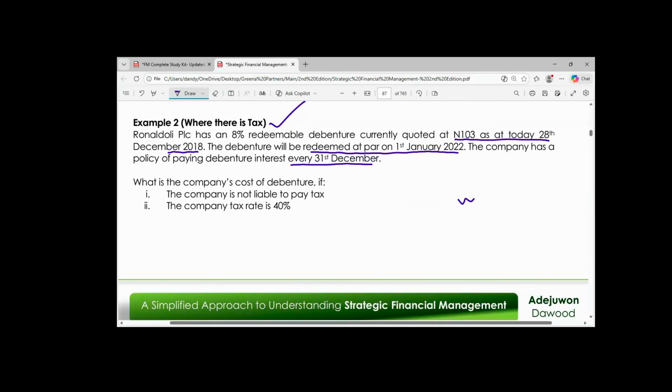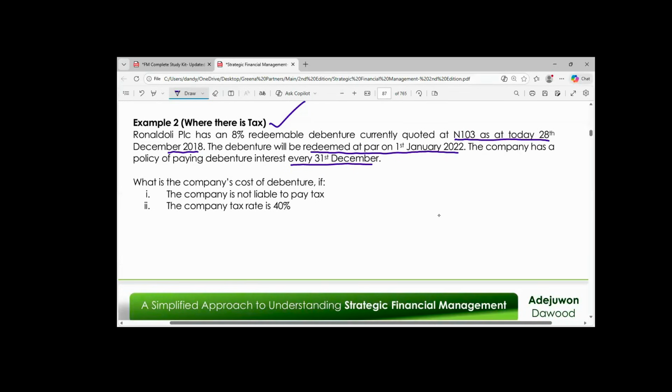So if today is 28th of December 2018 and the debenture is to be redeemed on 1st January 2022, how many years do you have? You begin to count. Remember, before you can recognize a year, you have to count 12 months.